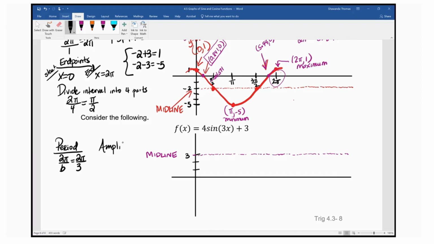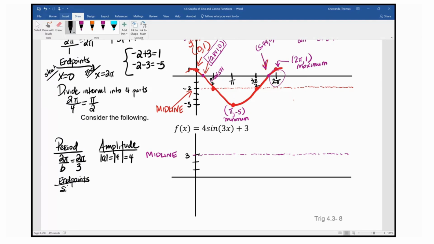Amplitude: absolute value of a. What is a? 4. All right. Next. Again, if you want to do endpoints, when you don't have that horizontal shifting though, it's just going to be 0 to 2 pi. But let's go through it.